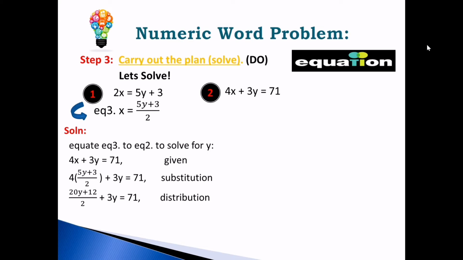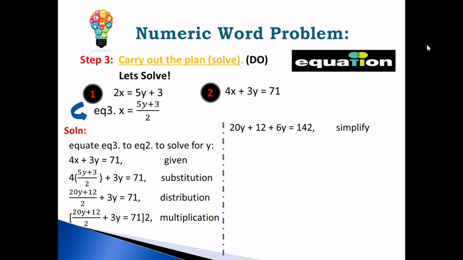So 20y plus 12, and everything else retains. It is hard to solve an equation if there is a denominator, so it is best to multiply all the equation by 2, by multiplication, to remove the denominator of 2. So we now have 20y plus 12 plus 6y equals 142 by simplification.